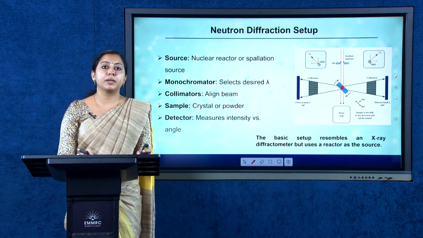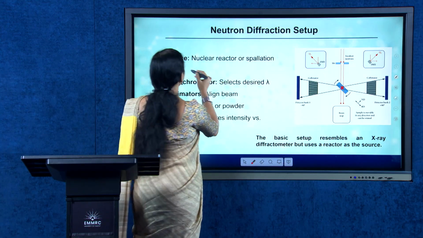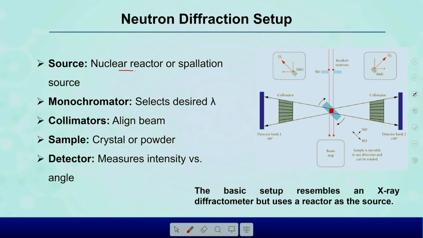This is the experimental setup for neutron diffraction. We have a source of neutrons, generally from a nuclear reactor or a spallation source. The neutrons from the nuclear reactor are slowed down to their thermal velocities by passing through a moderator, generally a graphite moderator.